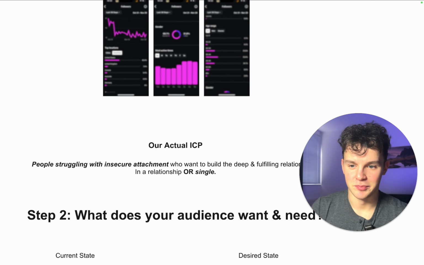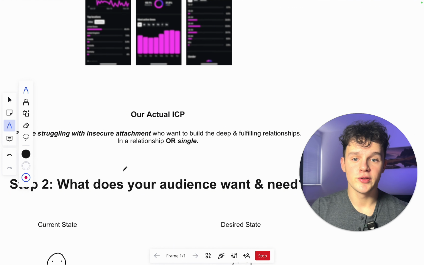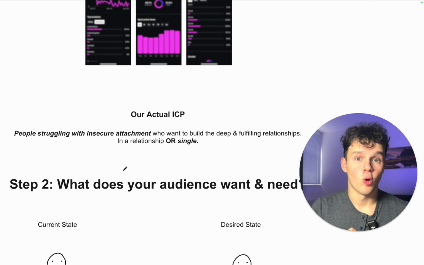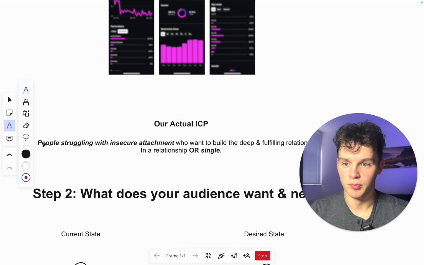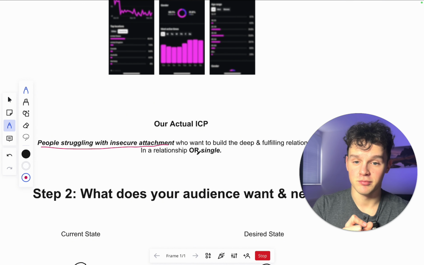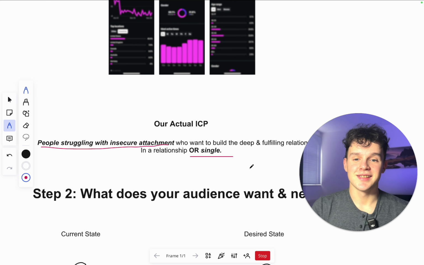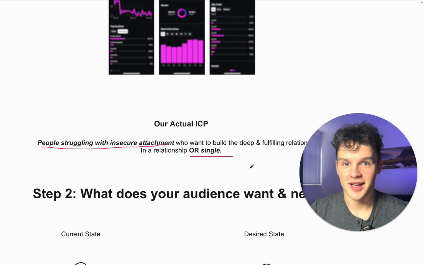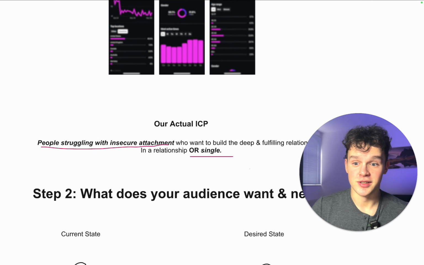Our actual ICP is people struggling with insecure attachment who want to build deep and fulfilling relationships, in a relationship or single. So all of the parts that I marked in bold, so people struggling with insecure attachment and in a relationship or single, these two parts were things that we would not have realized if we did not get them from our market research.